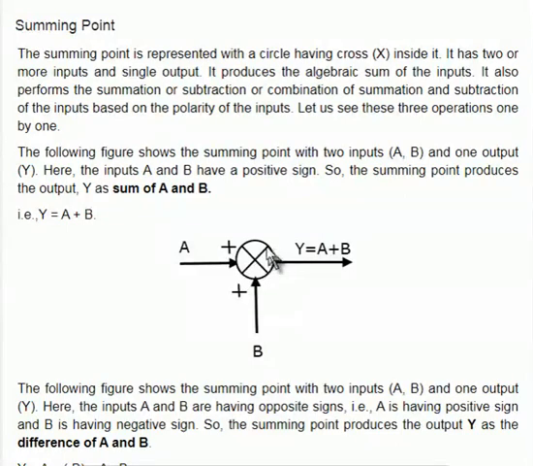Okay. The following figure shows the summing point with two inputs, that is A and B. So here A and B are two inputs to this summing point, and the output from this summing point is A plus B. Y is equal to A plus B. So this is the output from this summing point.